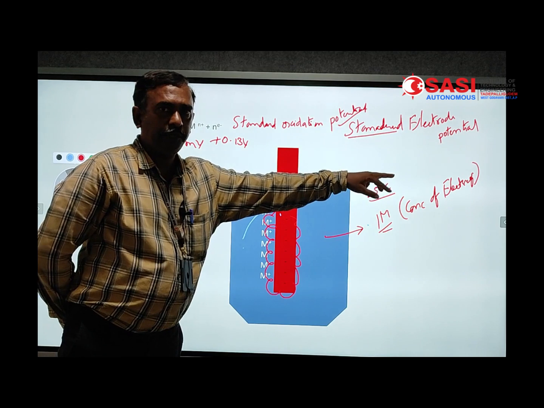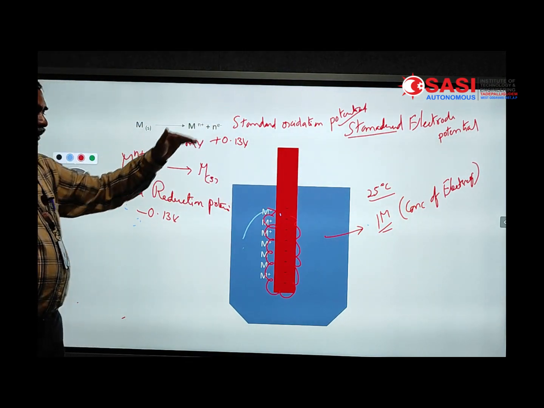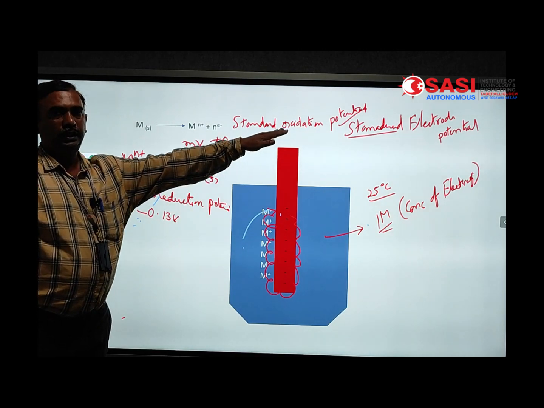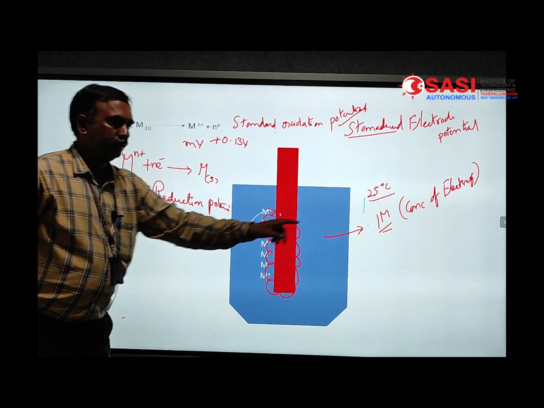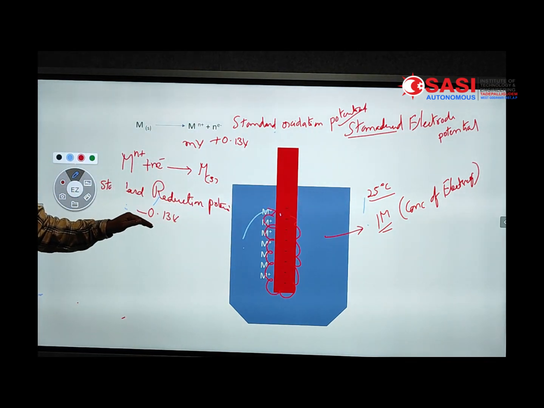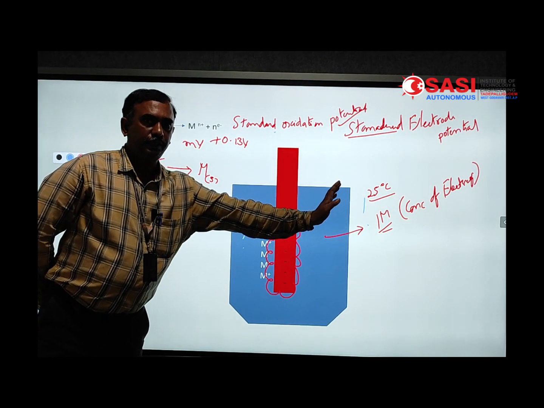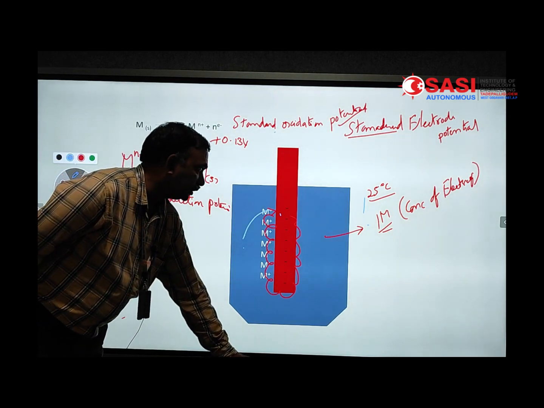And again there are two types of standard electrode potentials, that is standard oxidation potential, standard reduction potential. If the reaction is oxidation, it is called standard oxidation potential if it is measured at these conditions. Similarly, it is called standard reduction potential if the reaction is reduction and you are measuring at these conditions. So these are the standard oxidation and reduction potentials.